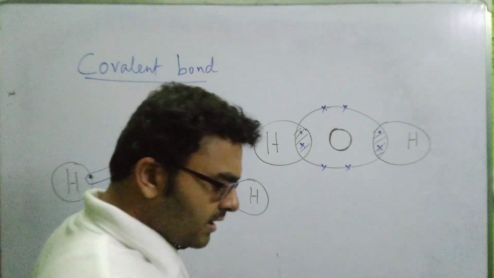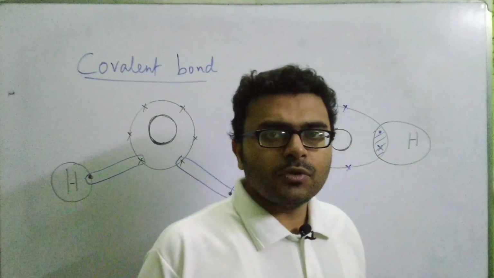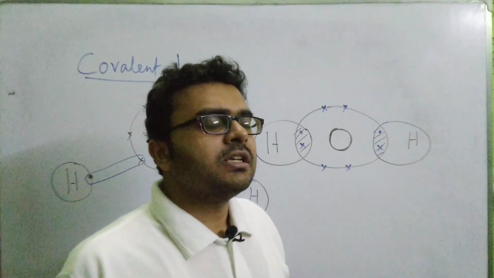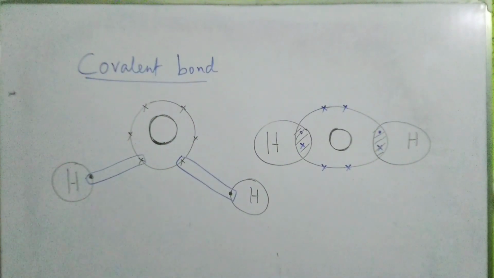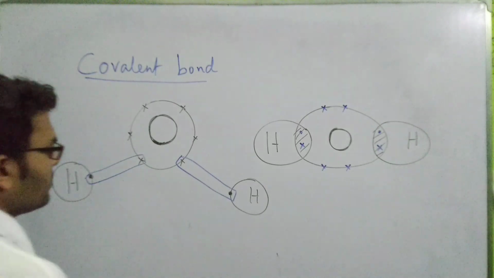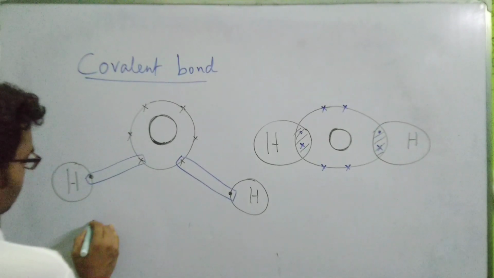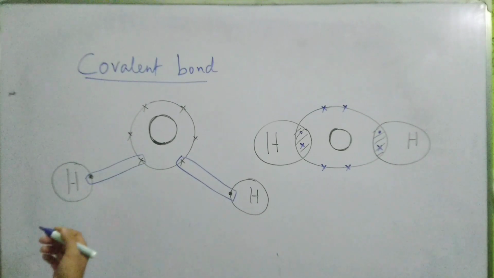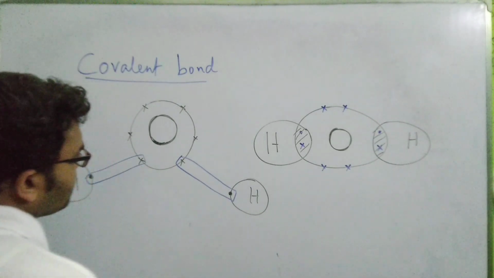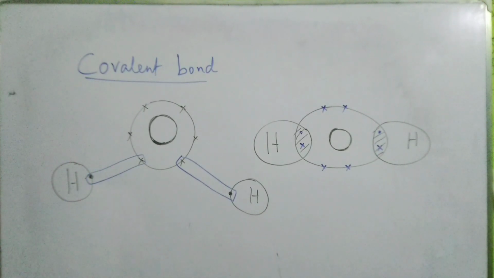Okay, so it is clear what a covalent bond is? It is the mutual sharing of electrons that results in the formation of a covalent bond. Now, for the formation of a covalent bond, remember one thing: all the atoms involved have to be non-metallic in nature.